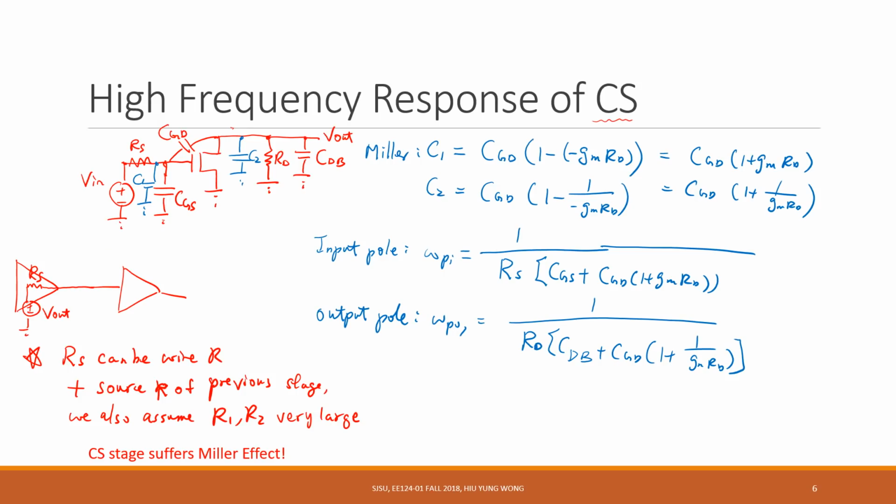If you try to trace the derivation we have done, there's no approximation actually, right? And the main reason is that we actually use this A as the DC A. But in reality, the gain changes at higher frequency, right?